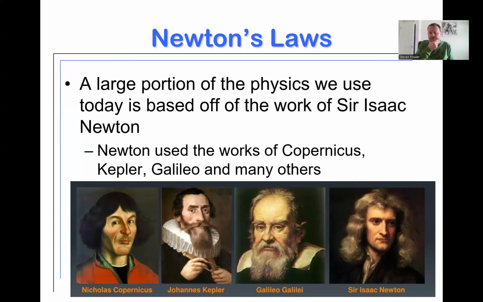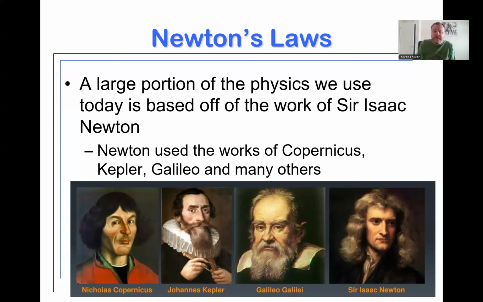Now, it's important to point out, just like all other science, science is built off of the work of previous scientists and others. Sir Isaac Newton was no different, a genius in his own right, but his work is based off of and built upon the work of others.